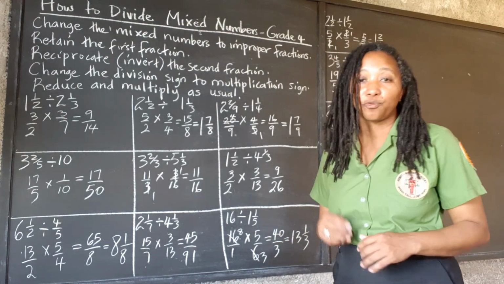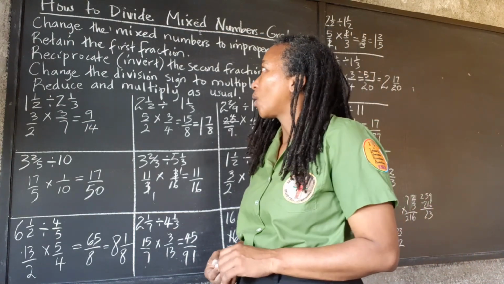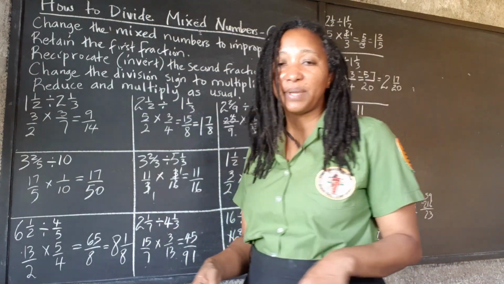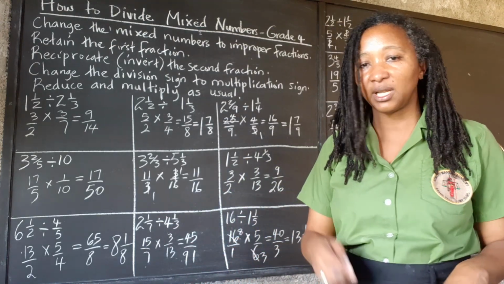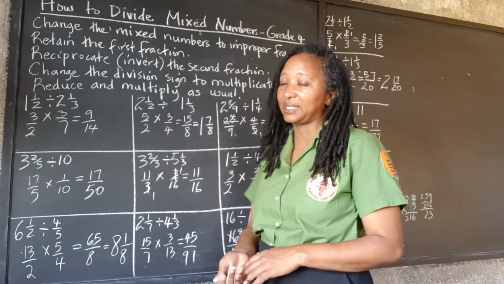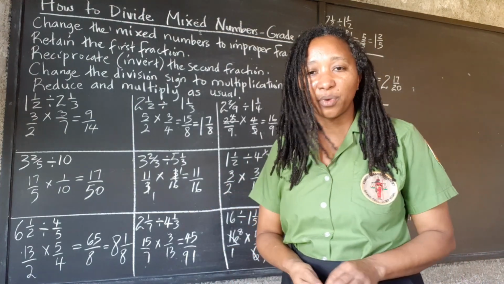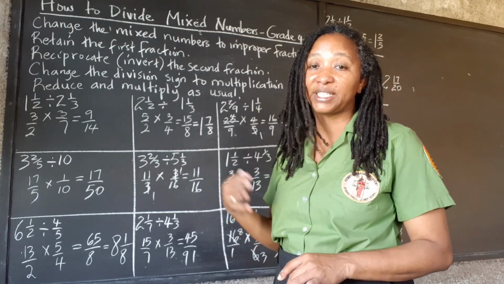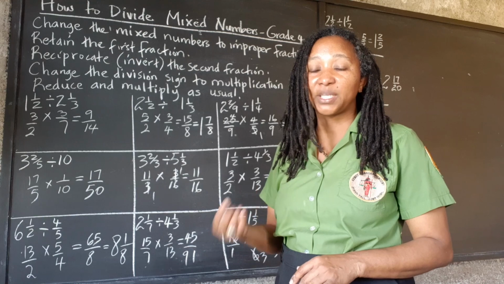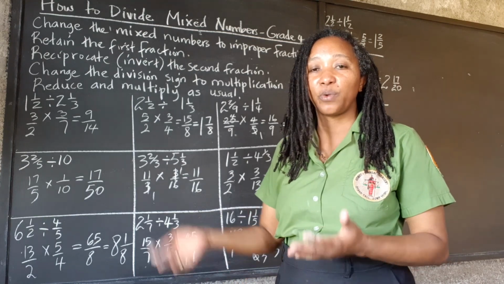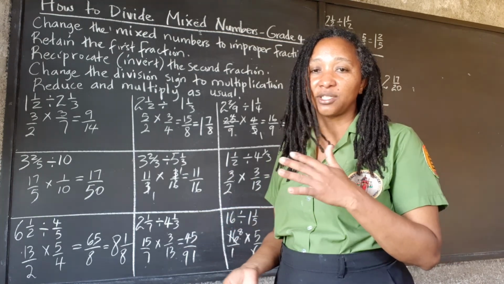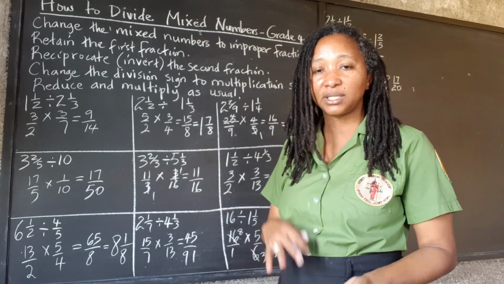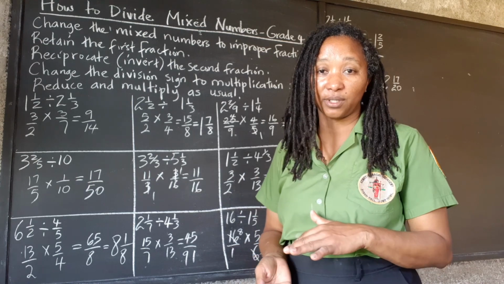Okay. So to recap, we're saying when we're dividing mixed numbers, we're changing the mixed numbers first to improper fractions, and we are remembering that to divide a number by a fraction is the same as multiplying the number by the reciprocal of the fraction. The reciprocal of a fraction is where we invert, or we put the top to the bottom and the bottom to the top. Numerator goes where denominator was, denominator goes where numerator was, right?